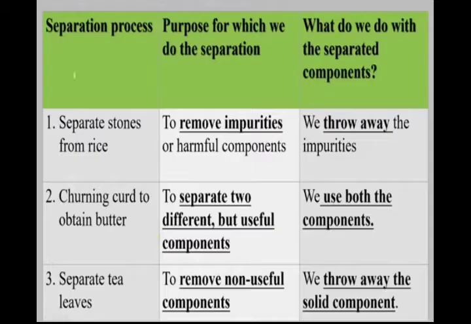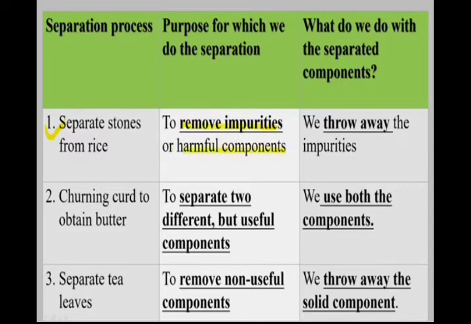Okay, this table is there in your textbook. The first case, separating stones from rice. What is the purpose for which we want to do the separation? Yes, to remove impurities or harmful components. The stone is a harmful component that you have to separate from the rice. And obviously, we throw away the impurities.